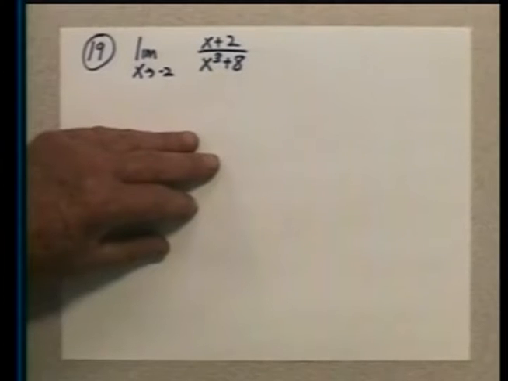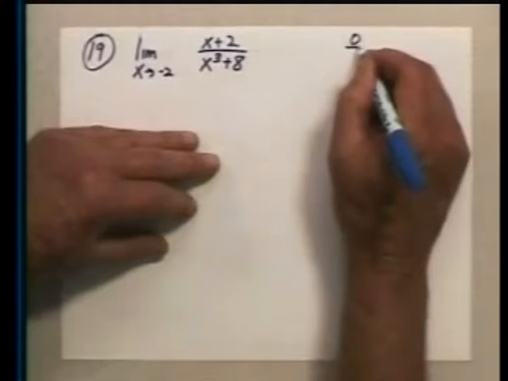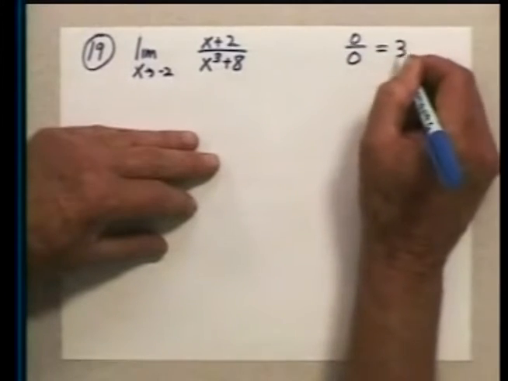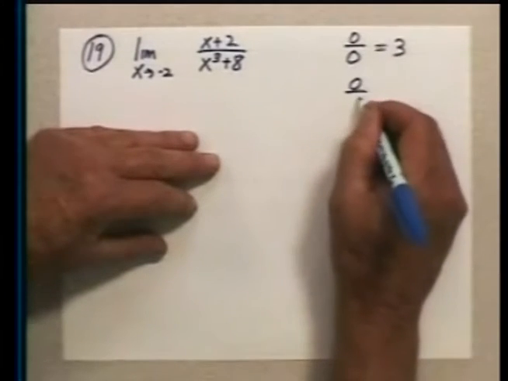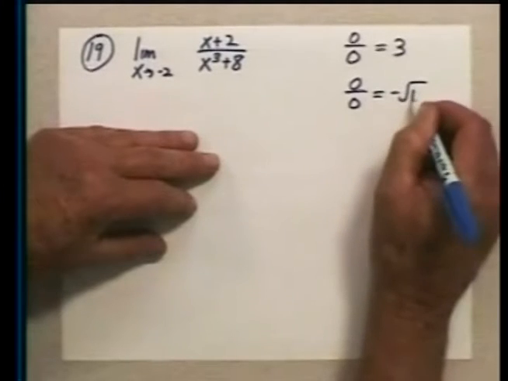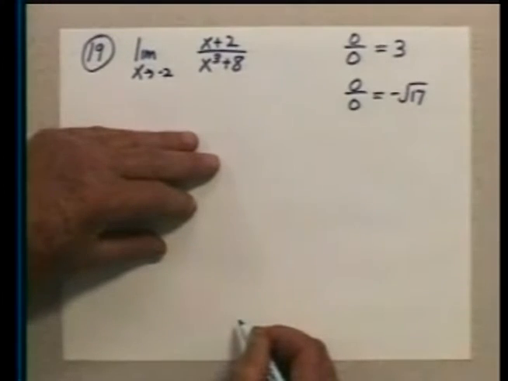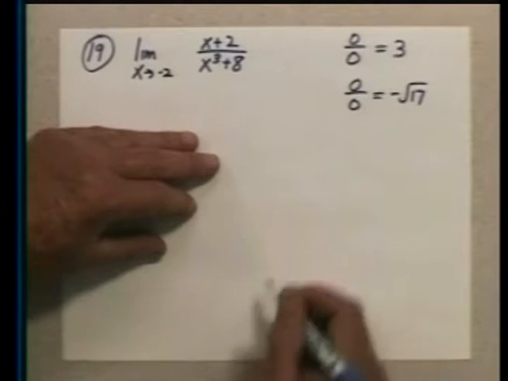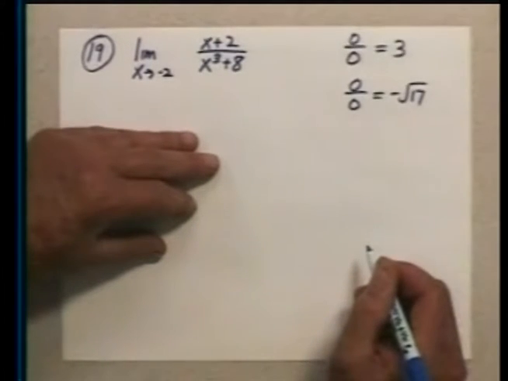You'll see this more later when we do something called L'Hopital's rule. But in one problem, 0 over 0 is going to be 3. In another problem, 0 over 0 is going to be minus the square root of 17. We're not sure what it is, but it could be something.